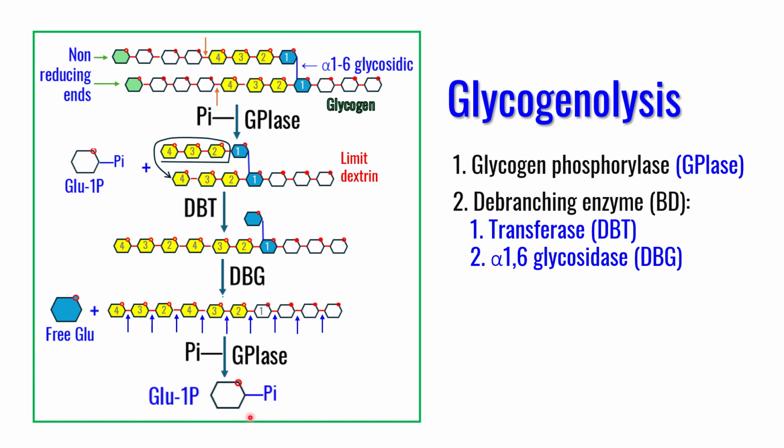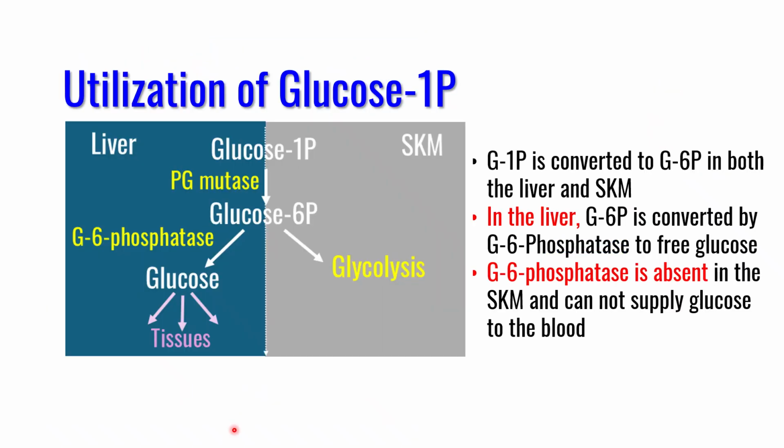In the next slide, we will learn how glucose 1-phosphate and free glucose are utilized by liver and skeletal muscle. Glucose 1-phosphate, which is produced during glycogenolysis, is utilized by liver and skeletal muscle by converting it into glucose 6-phosphate by the enzyme phosphoglucomutase.